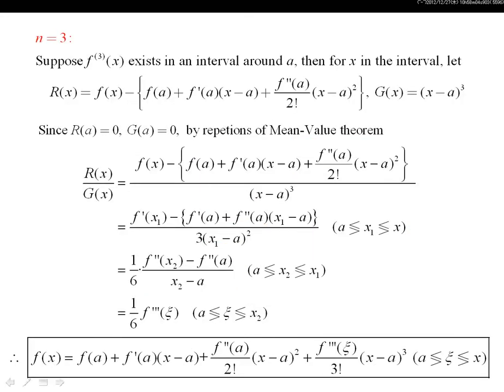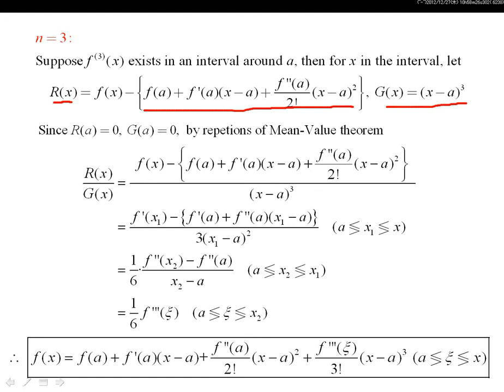And for n equals 3, it's almost the same. This is the second approximation, and we subtract the second approximation from fx. So this Rx is the third remainder, and we compare Rx with gx equal x minus a cubed.